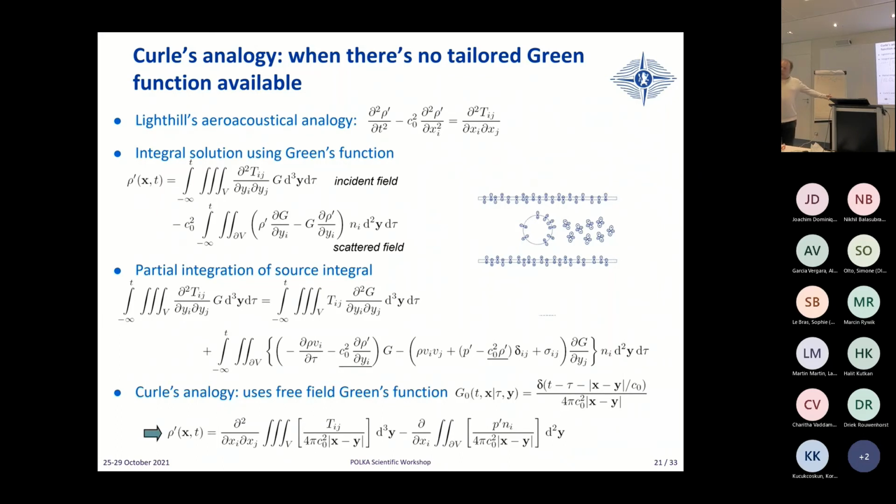But it's nevertheless very physical if you think that your p prime here, by the definition we've applied before, is any deviation from p0. It's any deviation from the pressure in the propagation region. And being any deviation, it means that it's going to account for the hydrodynamic pressure fluctuations due to the nearby vortices, but also for the acoustic field. So the acoustic reflections are comprised in here. Okay?